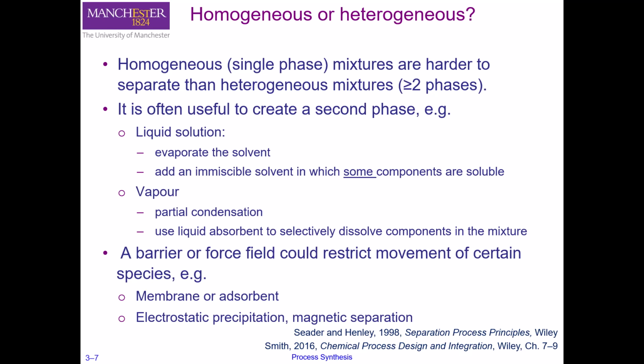Or we can use a liquid to selectively dissolve a component of a mixture, as in absorption. But if you have a situation where you cannot create a second phase, then we have to look for technologies where we can restrict the movement of one component compared to the others, like a membrane or adsorbent, where we selectively separate one component from another based on their barrier properties.